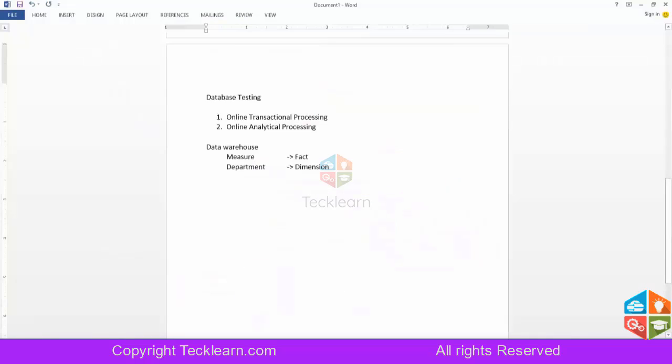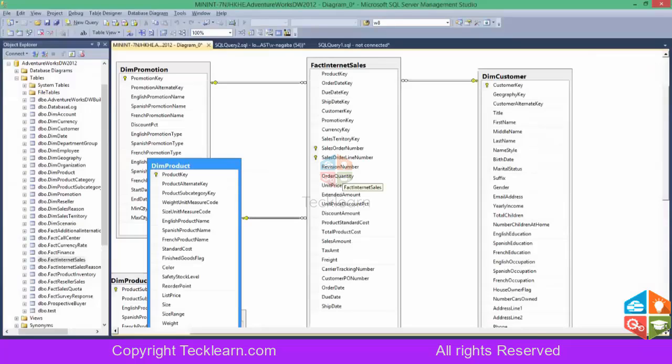So a data warehouse is modeled in two ways: star schema and snowflake schema. In star schema, all the dimensions in a data warehouse model will be linked to a fact table directly.